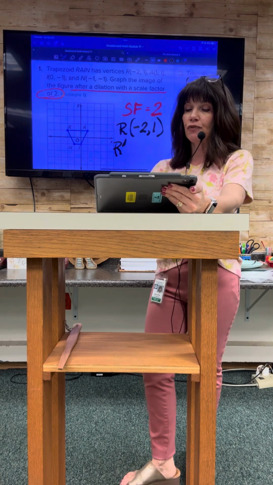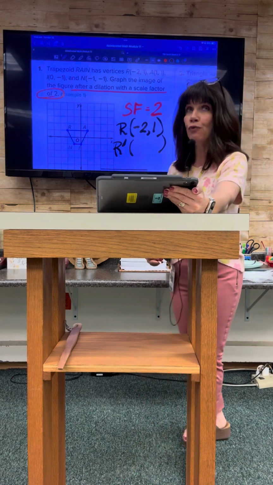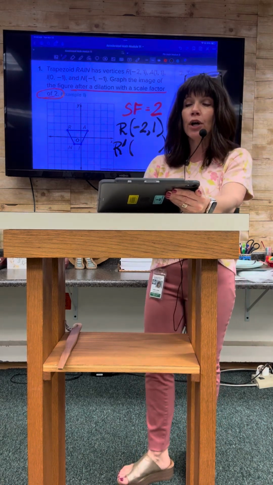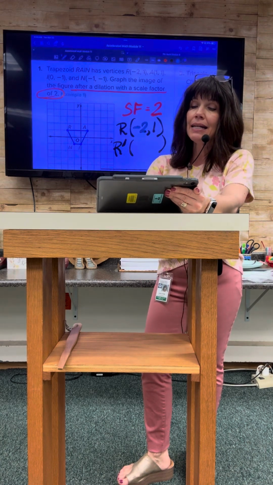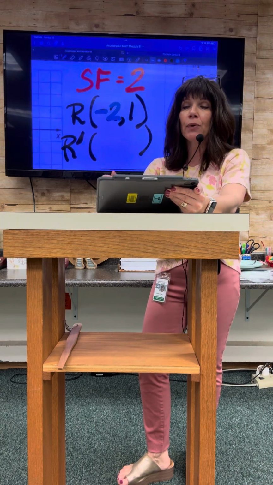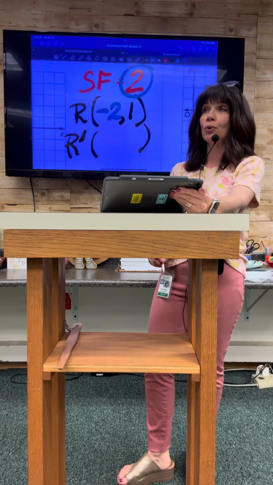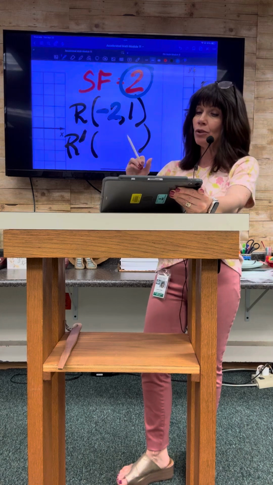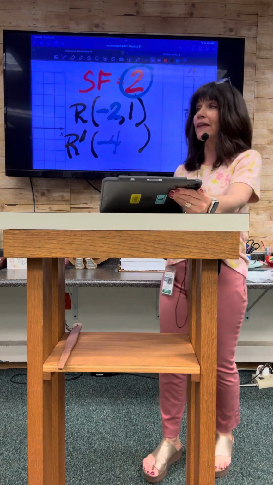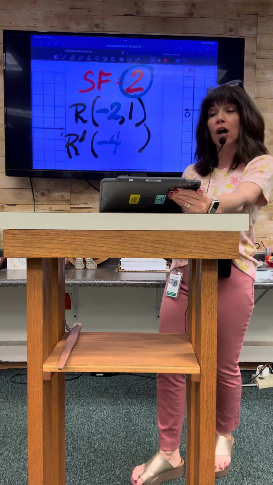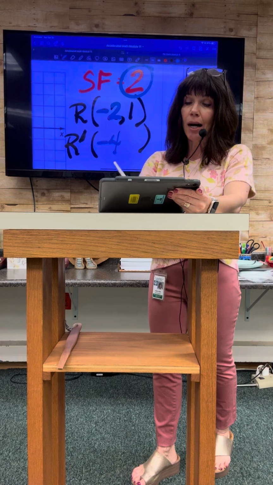For our new value of R prime, we're going to take the original X value, -2, and multiply it by the scale factor we were given, 2. -2 times 2 equaling -4. Class, do you understand how we got the X value of R prime, -4? Comma.